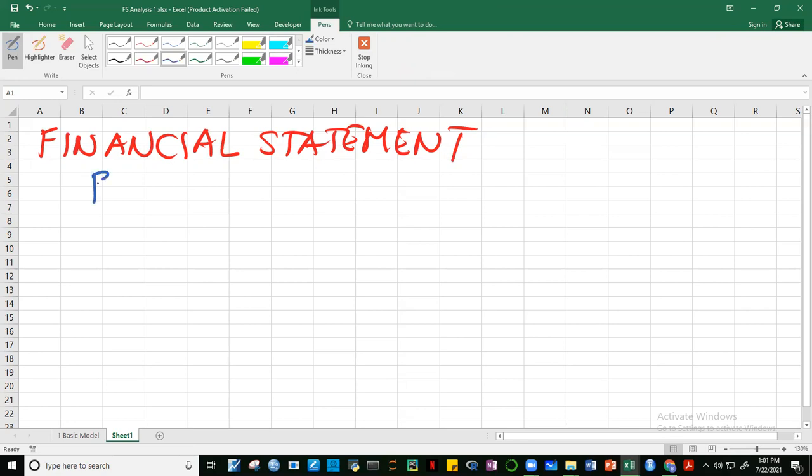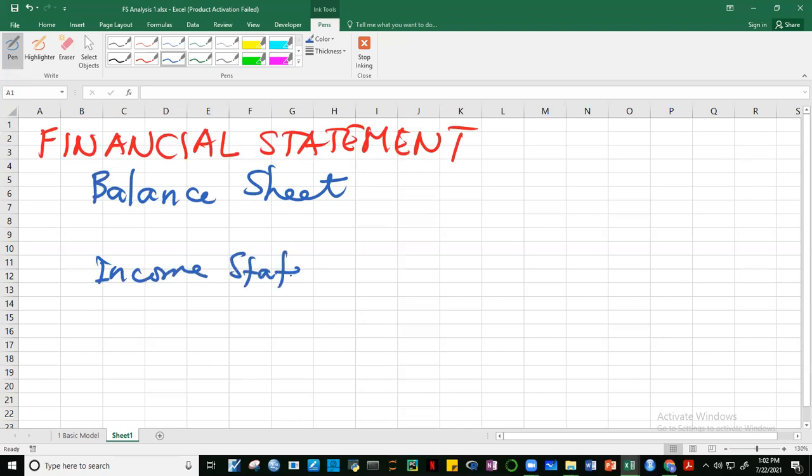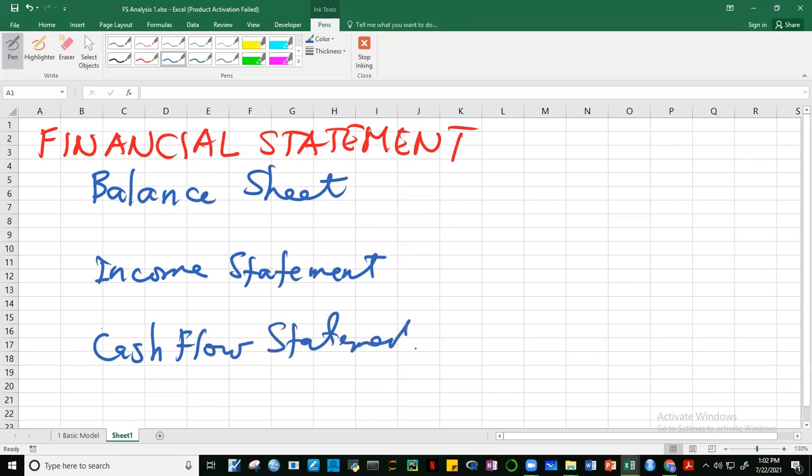So meron tayong balance sheet, sulat ko na muna to. Balance sheet. Okay. Then I see here income statement, that's correct. Income statement. Then also statement of cash flows, cash flow statement. Then I saw a while ago, I think, yung equity.